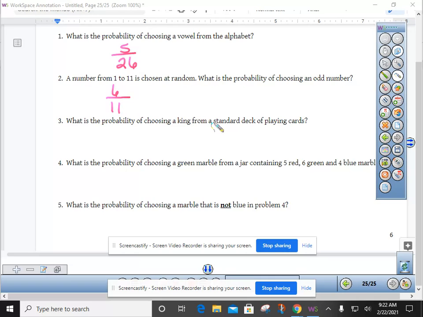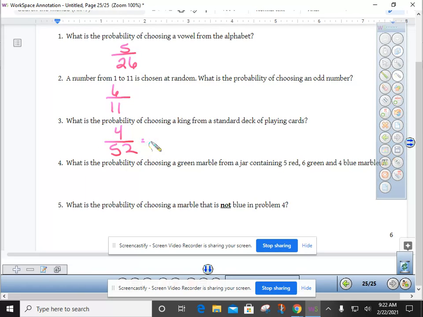Number 3. What is the probability of choosing a king from a standard deck of playing cards? How many cards are in a deck? Anybody know? 54. Close. 52. How many of them are kings? 4. Is that lowest form?